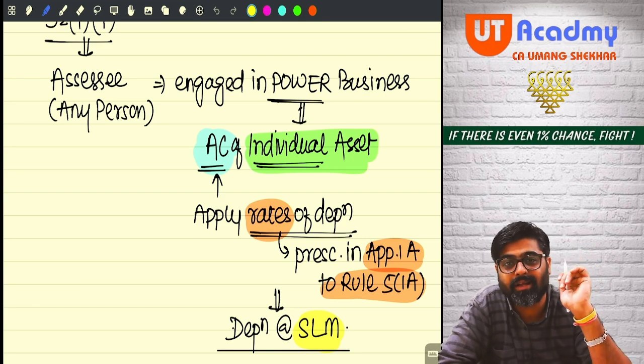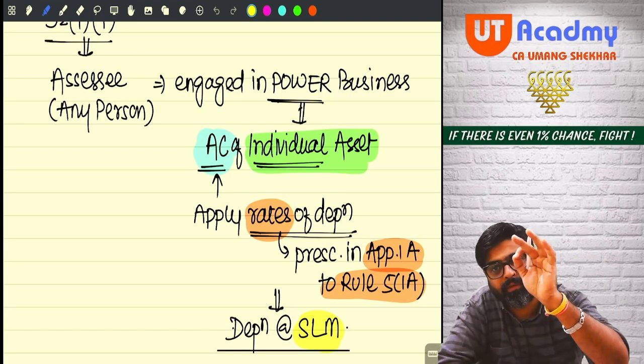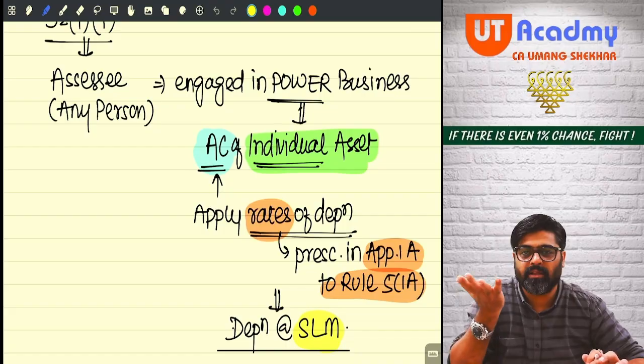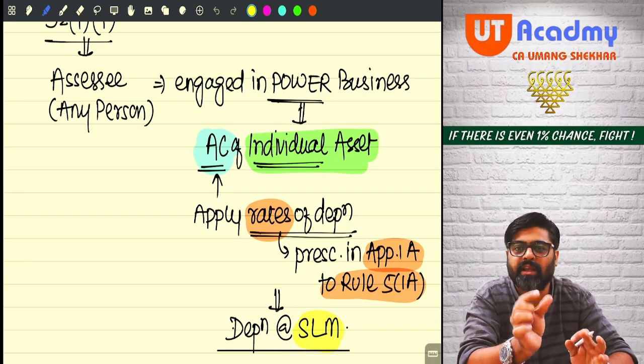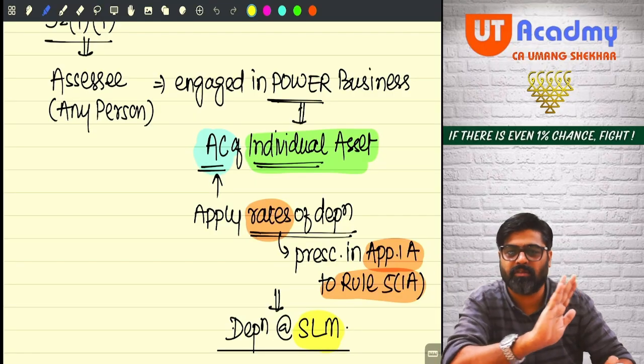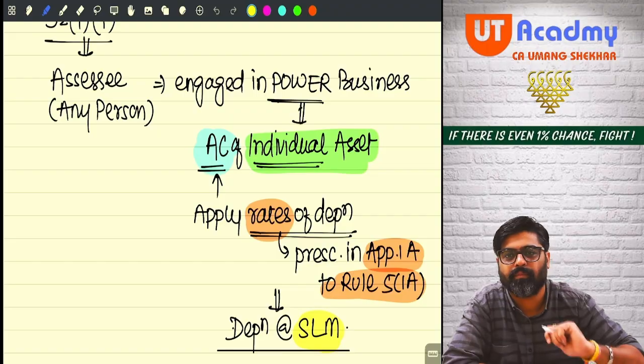These weird rates are given. So no need to remember the rates, no need to remember the names also. These will be given in the question. Take the cost, apply the rate, calculate the depreciation, claim this depreciation on SLM basis. That's it. Section 32(1) clause 1 over.